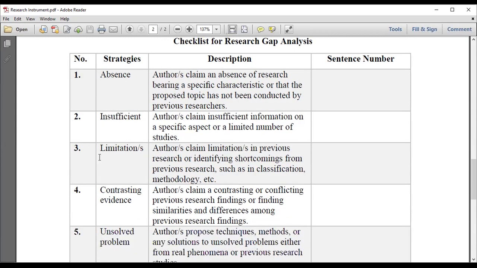Number three, limitation, when the authors mention that previous studies have some kind of limitation, very little scope or very few samples and so on. Limitation of the information in the study.